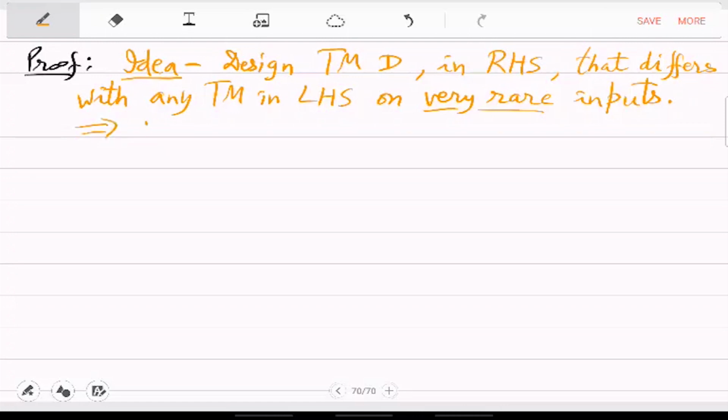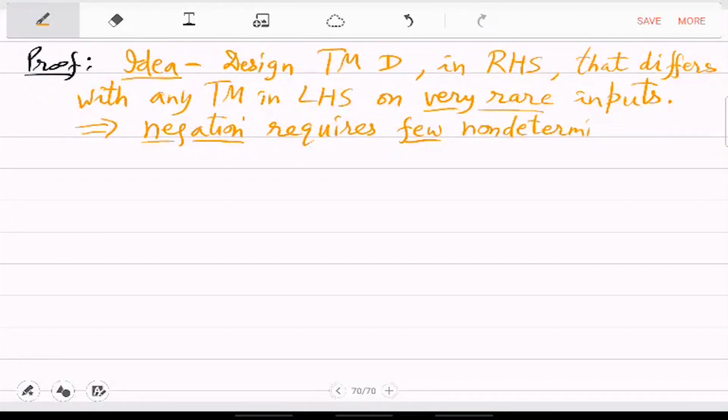So actually negation requires few non-deterministic bits. Okay, so this is how we will tackle negation. We will make negation require very few non-deterministic bits.